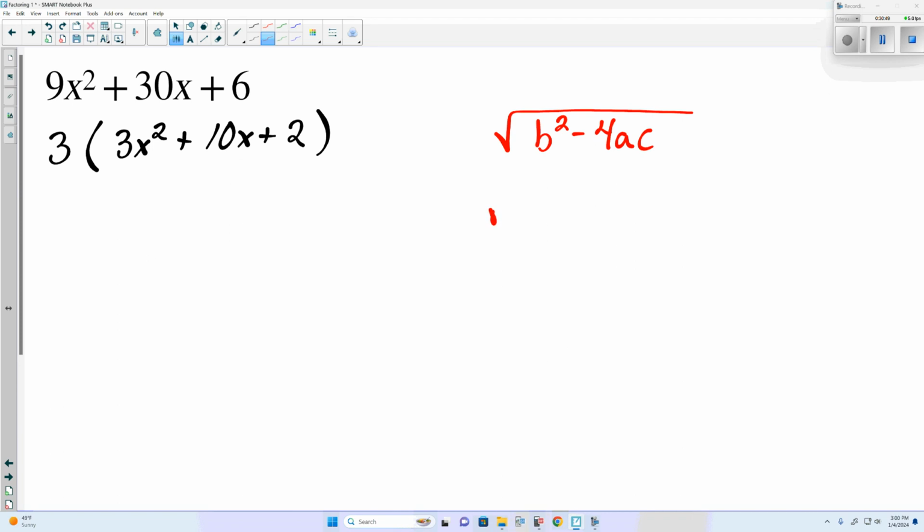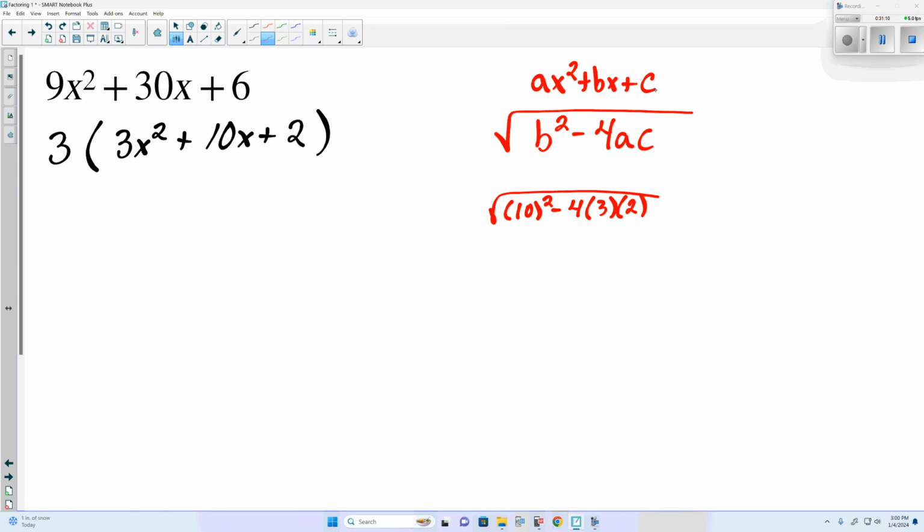So for us here, the value of b is 10. The value of a in our case is 3. And the value of c is 2. Because this is just coming from our ax squared plus bx plus c.